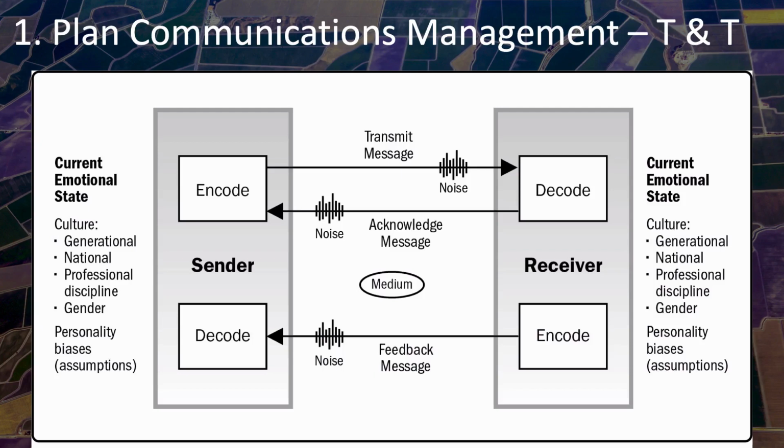This doesn't include understanding or any communication that indicates that the message was understood, just that it was received. And this can also have noise on the line. And then the receiver could provide feedback or a response of some kind, which also needs to be encoded in some way, transmitted, and then decoded on the sender's end.